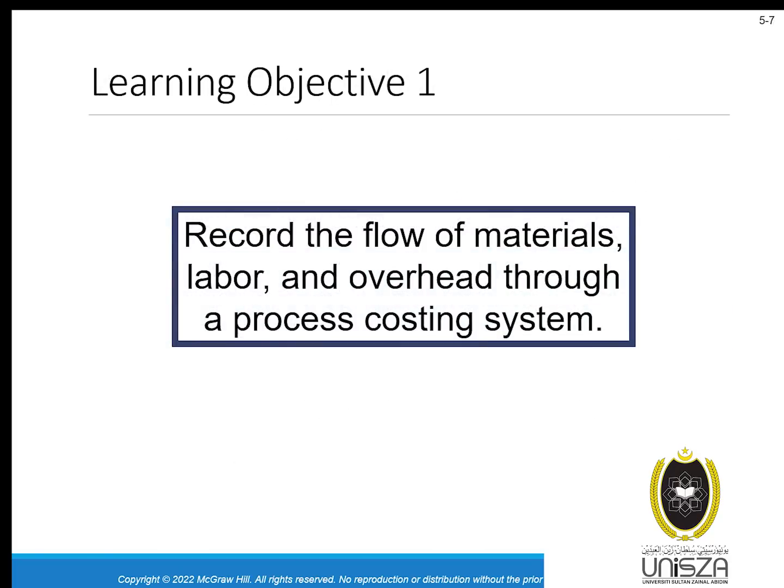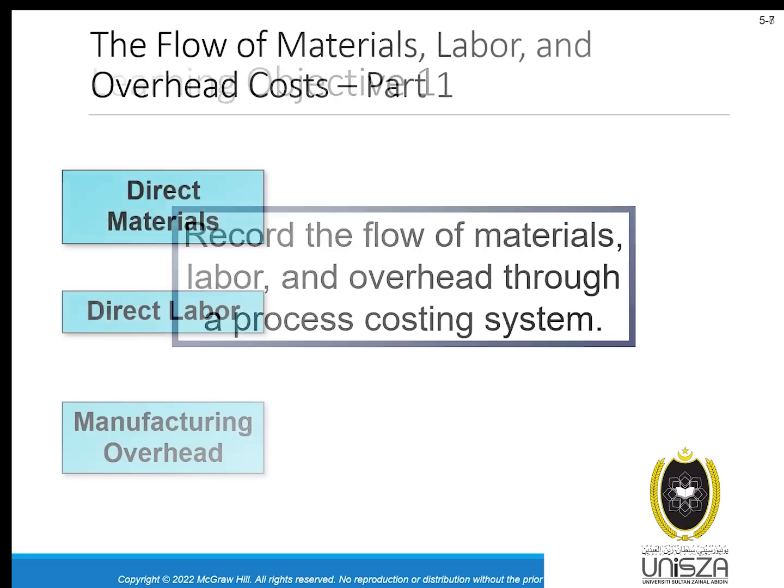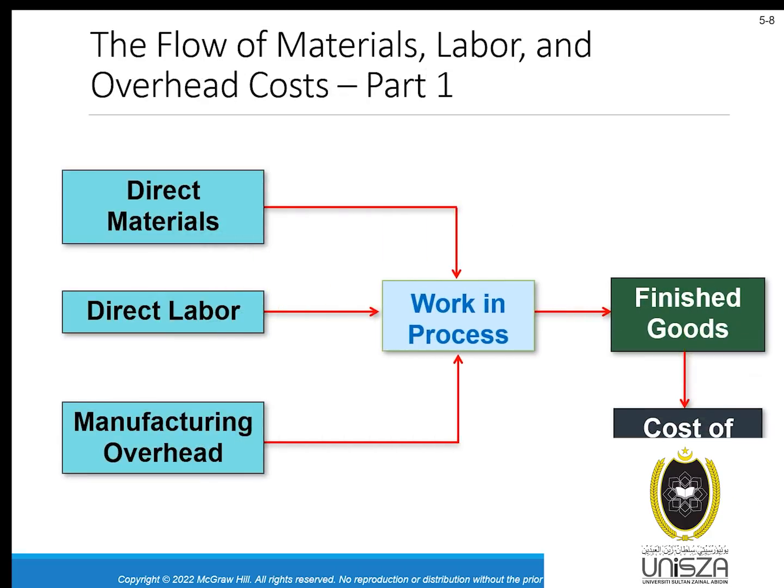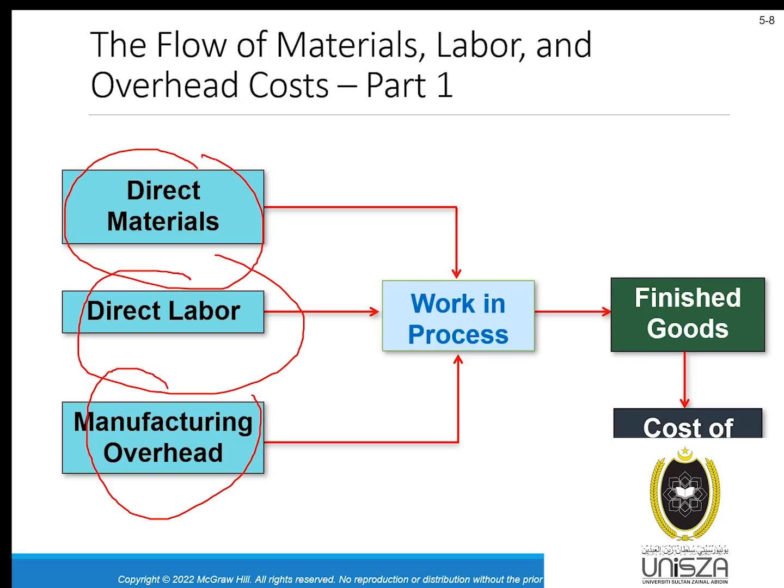Record the flow of materials, labor, and overhead through a process costing system. So what you can find here, the flow is almost the same as what we had covered in the job order costing system. It starts with the direct materials, direct labor, overhead, and then it will be WIP, finished goods, and cost of goods sold.